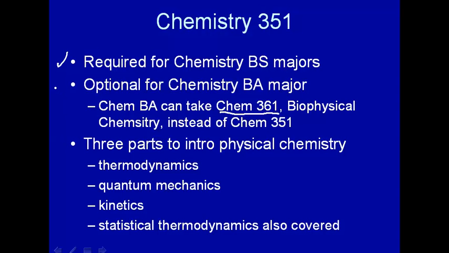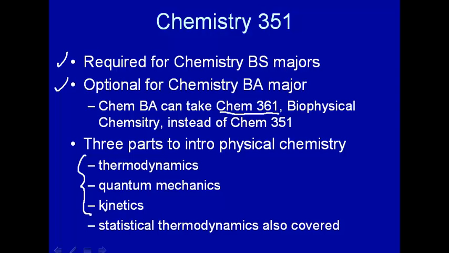Now, there are three parts generally to introductory physical chemistry: thermodynamics, quantum mechanics, and kinetics. Those are the three biggies. If you go to, say, the American Chemical Society required topics for physical chemistry, they have these three topics.